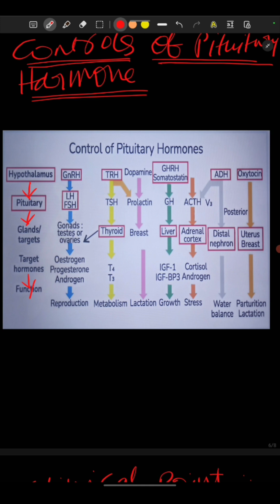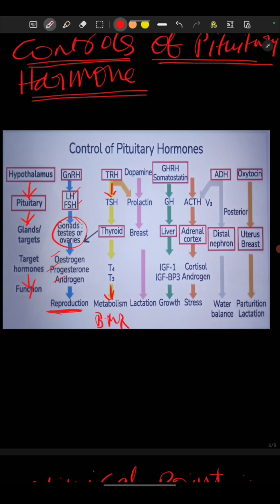GnRH, which is gonadotropin releasing hormone, acts on the pituitary, producing luteinizing hormone and follicle stimulating hormone. These act on their targets, the gonads, testes or ovaries, causing production of estrogen, progesterone and androgen. Its function is reproduction. Thyroid releasing hormone causes production of thyroid stimulating hormone. This acts on the thyroid to produce T4 and T3, and it maintains the basal metabolic rate.